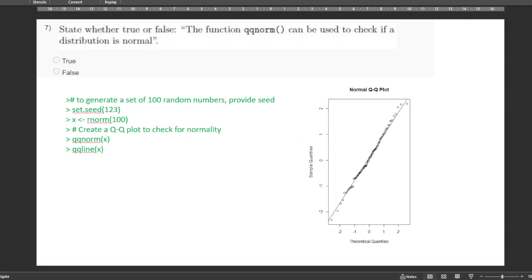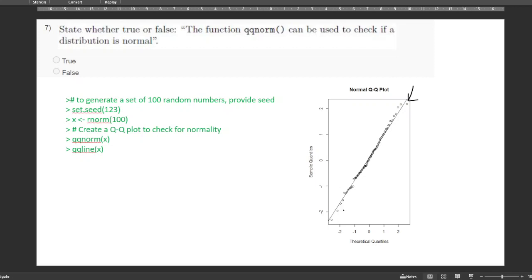Going to the seventh question. State whether true or false: the function qqnorm can be used to check if a distribution is normal. Yes, the qqnorm function's purpose is to compare the data set we give as input with reference normal data points.